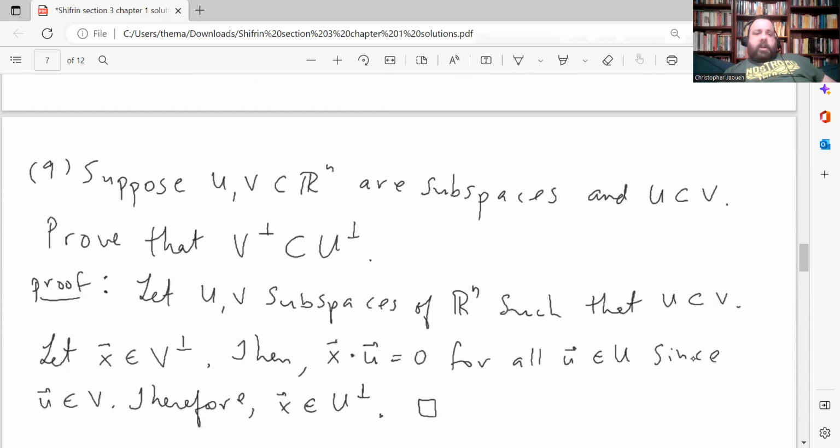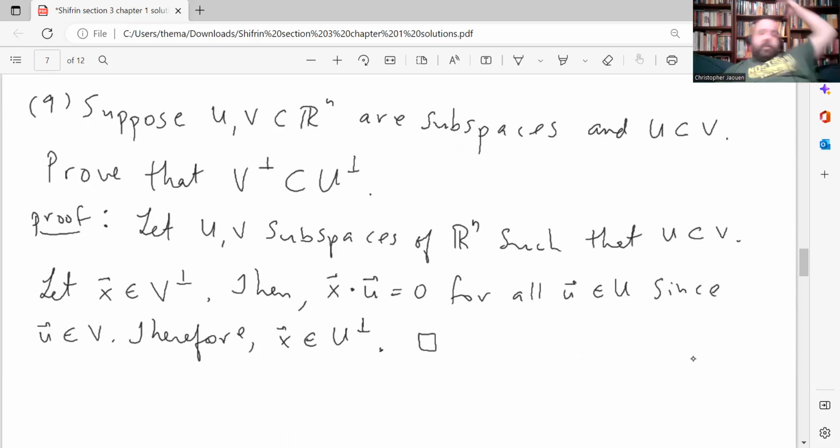Okay, question number 9. Suppose U, V are subspaces of Rn, and U is a subset of V, then prove that V perp is a subset of U perp. Okay, so here's the proof. Let U, V be subspaces of Rn such that U is a subset of V. Let x be an element of V perp.